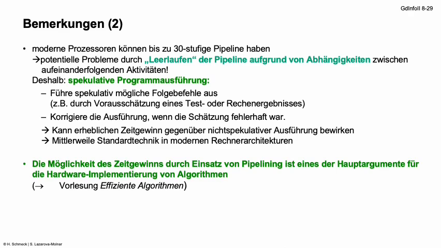Modern processors in general can have up to 30-stage pipelines, well, even higher nowadays, because this is a little bit dated information, and this can lead to problems with emptying of the pipeline because of dependencies that appear due to the consecutive activities.